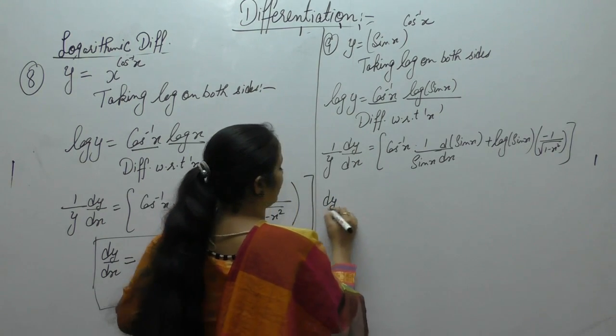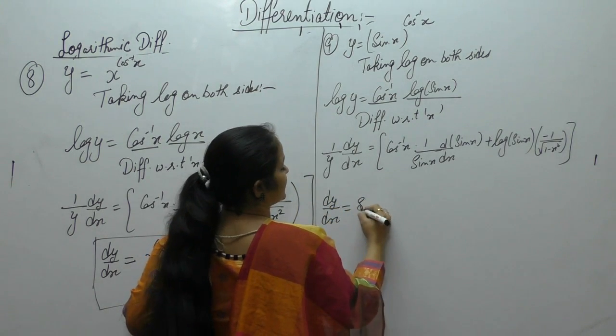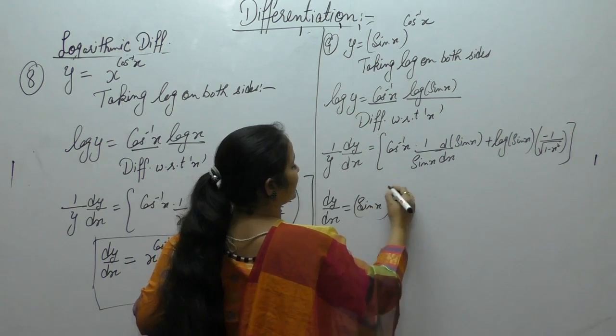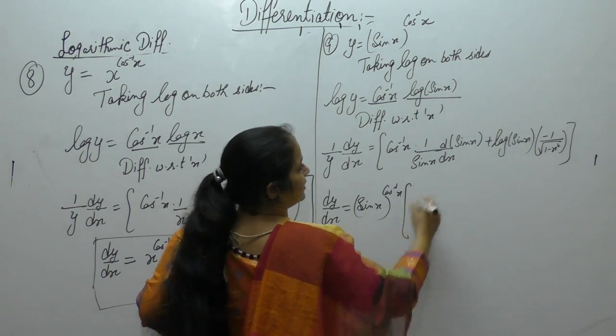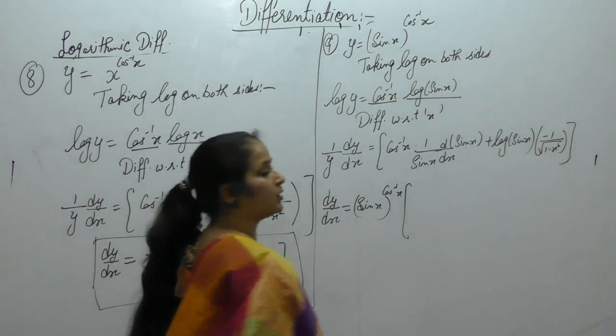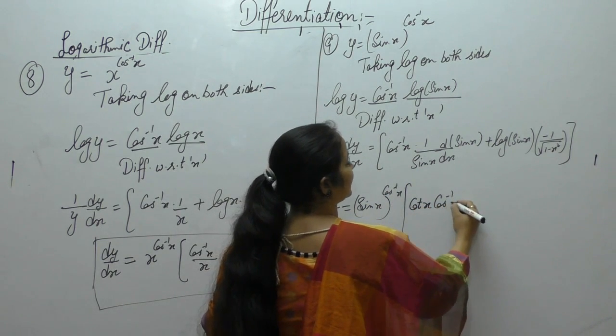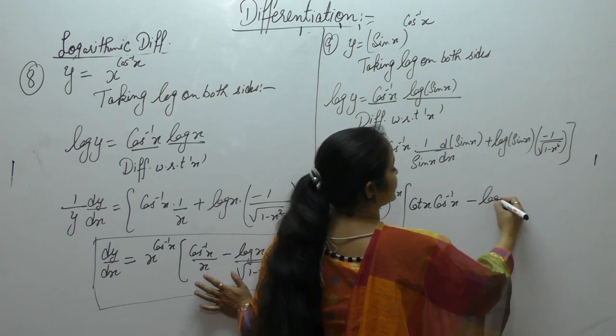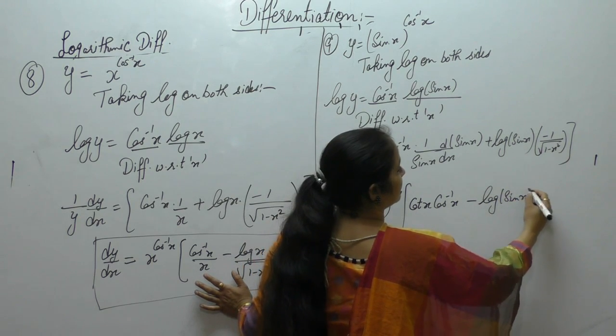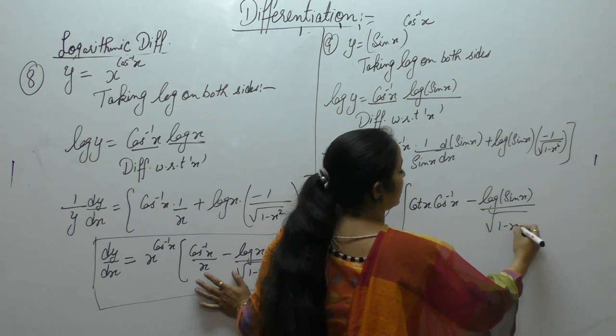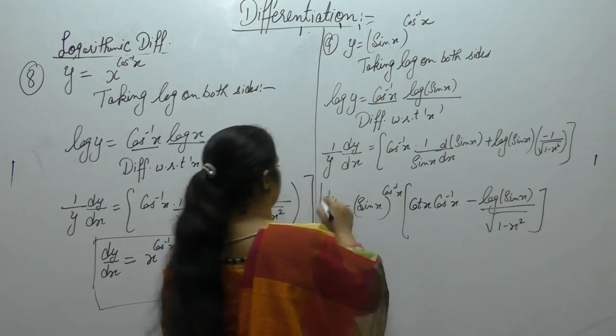Now dy upon dx, y is sin x power cos inverse x, upon sin x, cot x cos inverse x minus log of sin x upon square root of 1 minus x square.